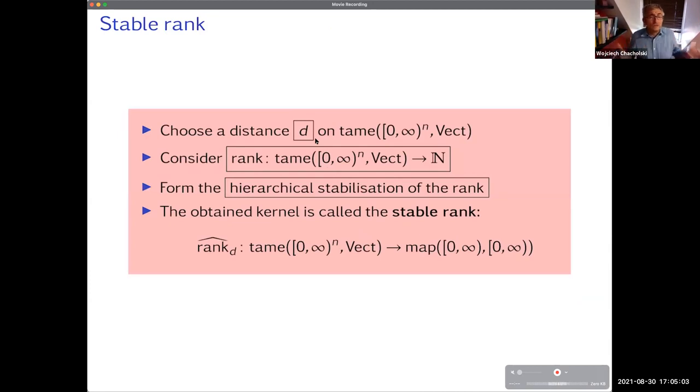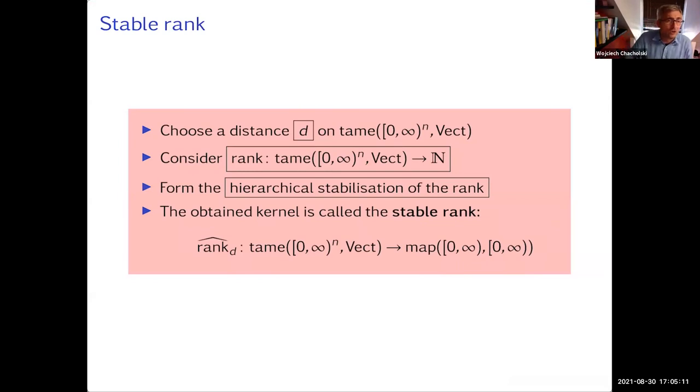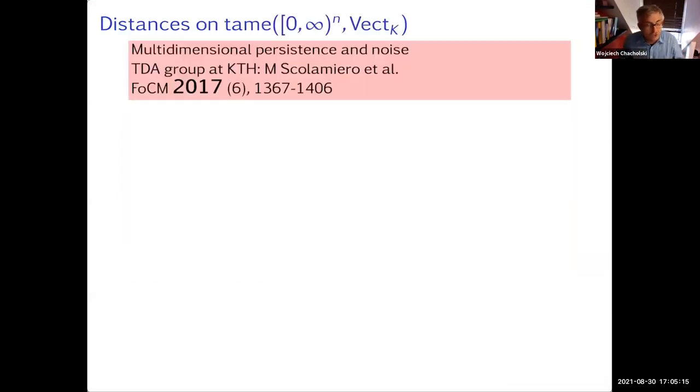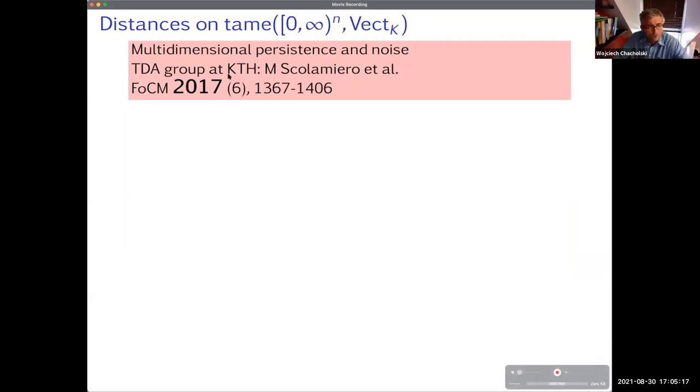So now, as the next step, I have to tell you how to construct such distances. The most generic way I know of constructing quite specific distances is via noise systems. We worked on this in our group for quite a while, and eventually it was published in 2017. So what is a noise system?